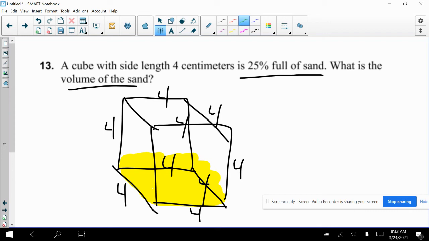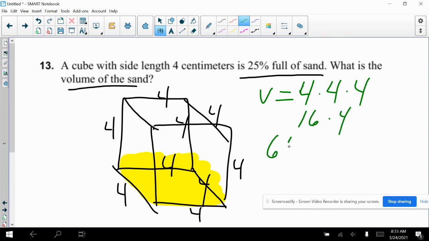Any suggestions? What do you need to find first? Okay, correct. First thing is you want to find the volume. So what's our volume? 4 times 4 times 4. That would be 16 times 4. That would be 64. And we're talking centimeters cubed.